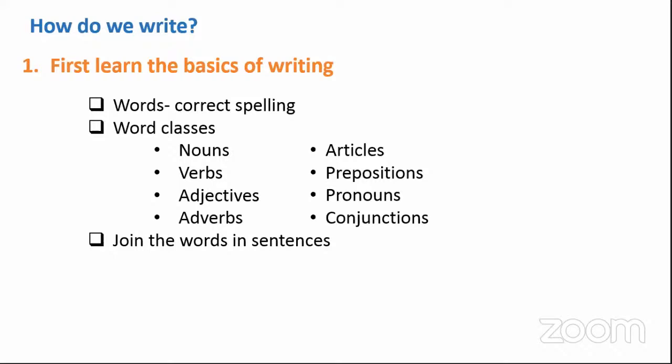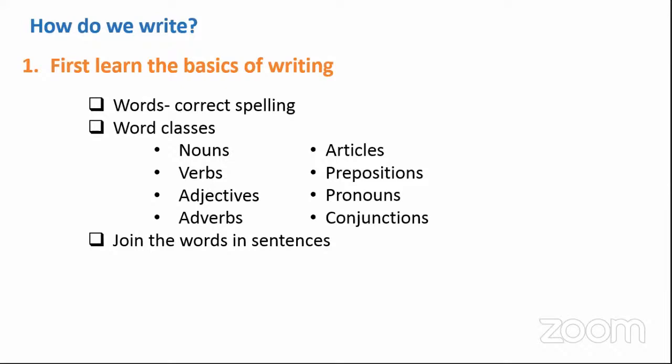Verbs, adjectives and adverbs. So then we have articles, a and the. And we have prepositions. We have learned a number of prepositions: in, on, under, beyond, like that. Then we have pronouns.